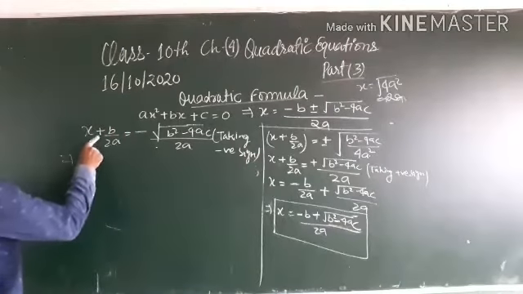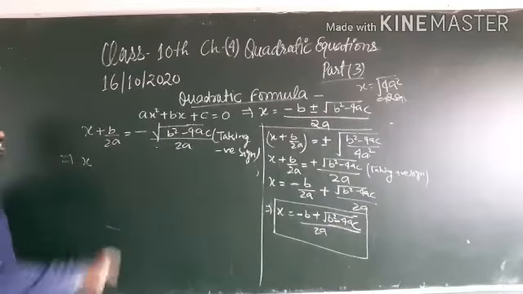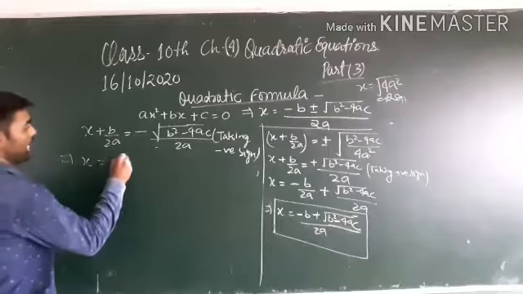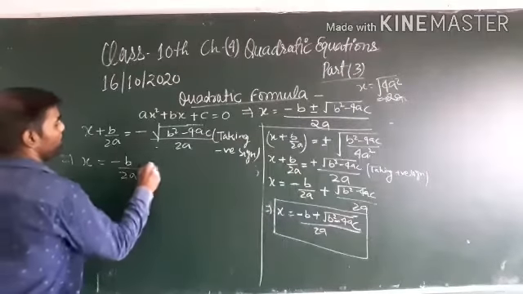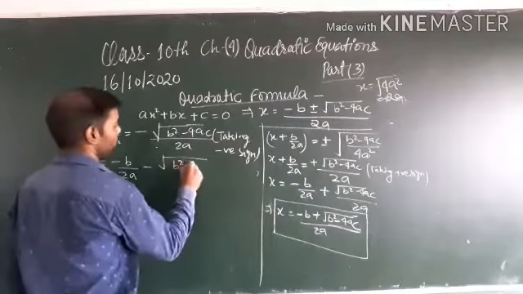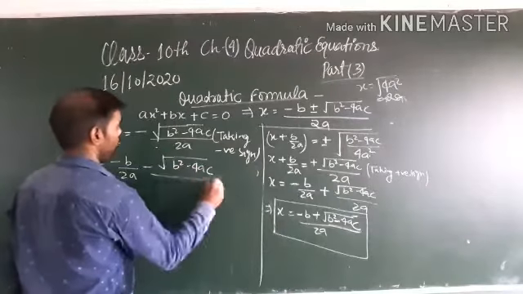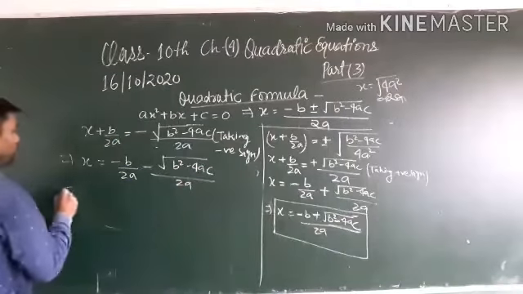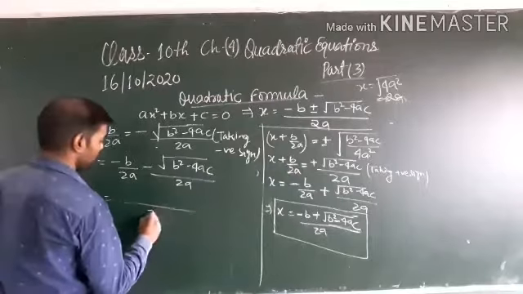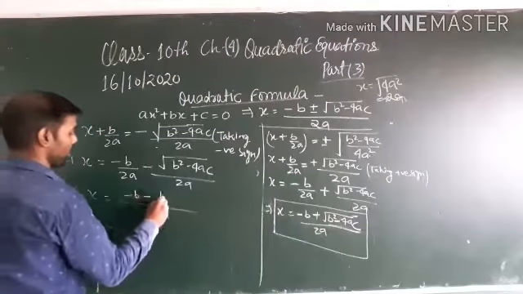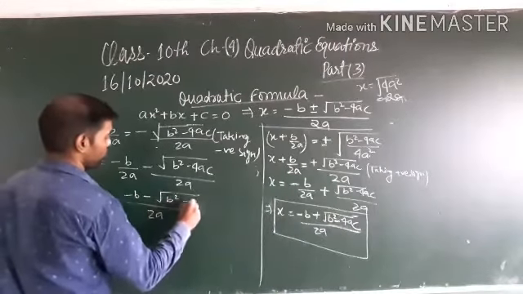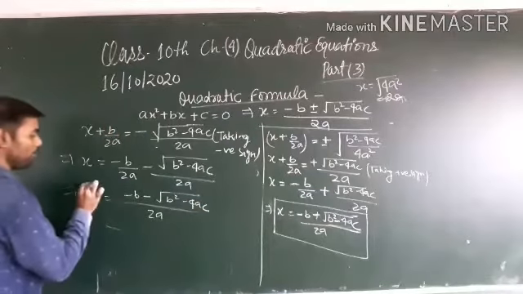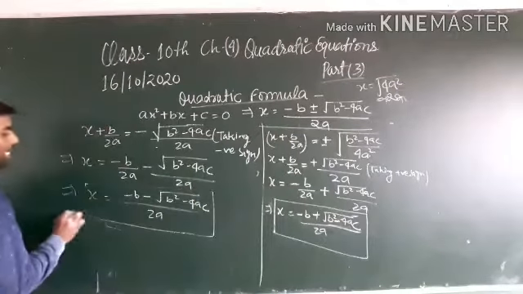So x is equal to, this part is plus, by transformation this is also equal to minus, so we can write minus b upon 2a minus square root of b square minus 4ac upon 2a. Now take 2a as LCM, so minus b minus square root of b square minus 4ac. So this is the second value of the given quadratic equation.